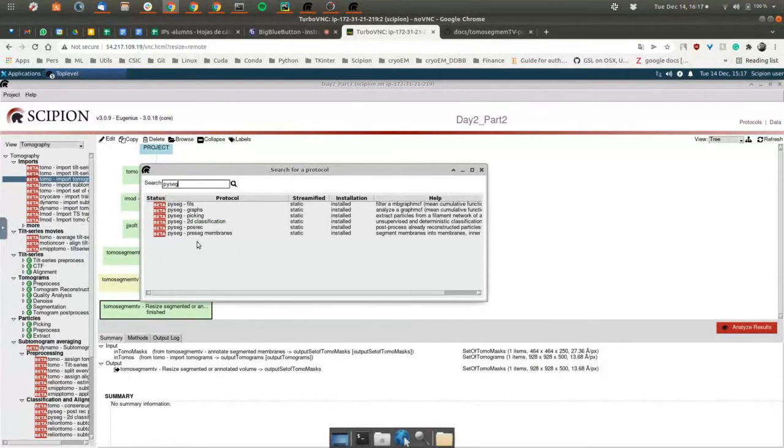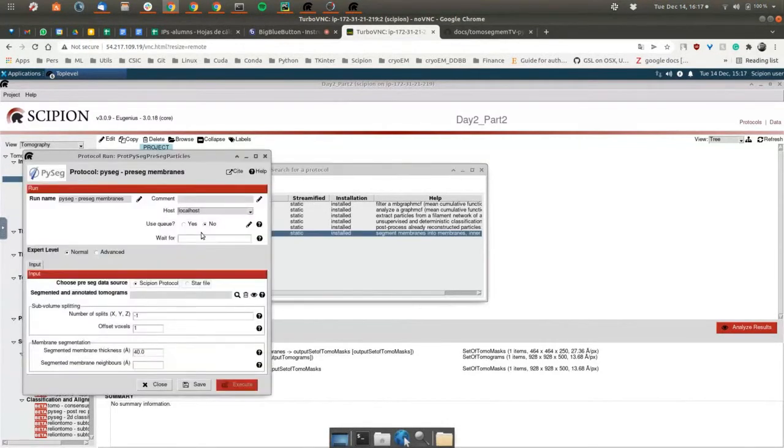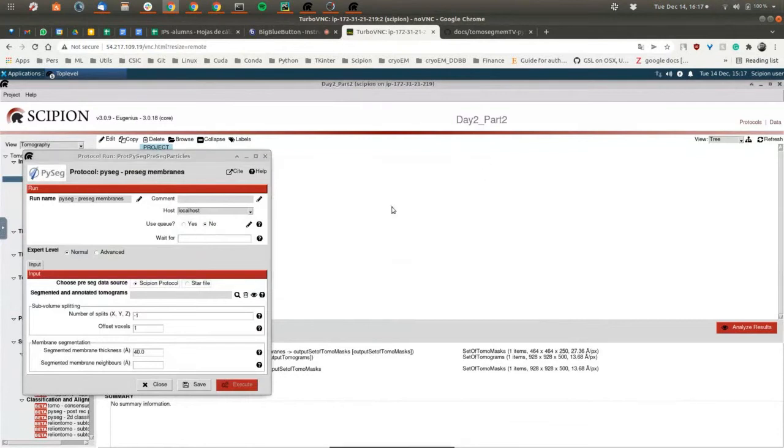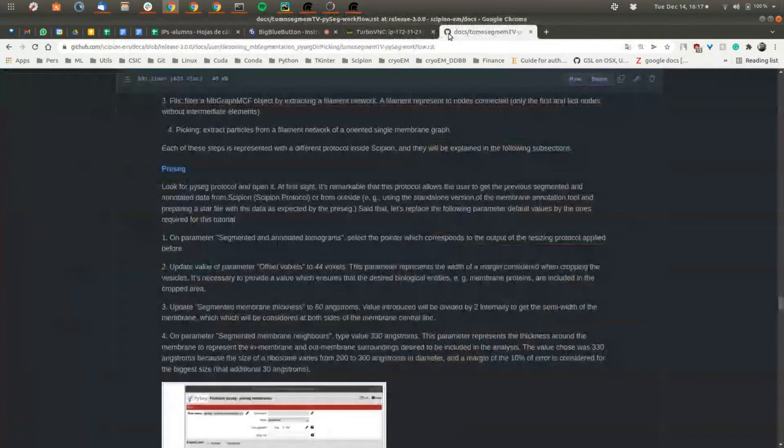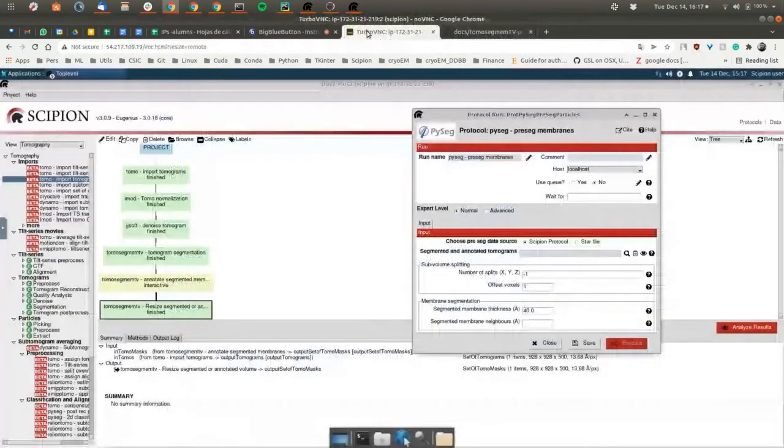Let's start with the Pyseg membranes. This protocol provides a double option to go into the Pyseg workflow.